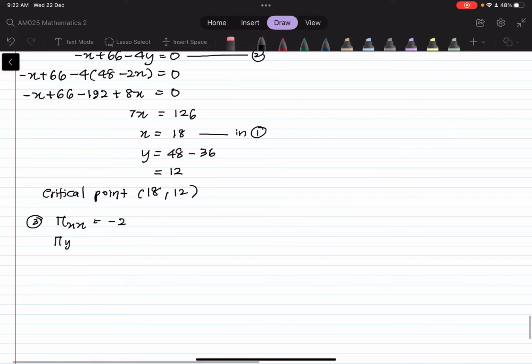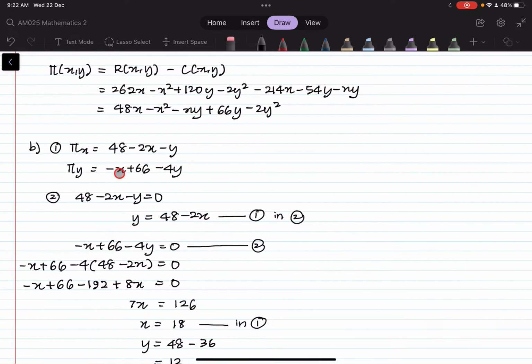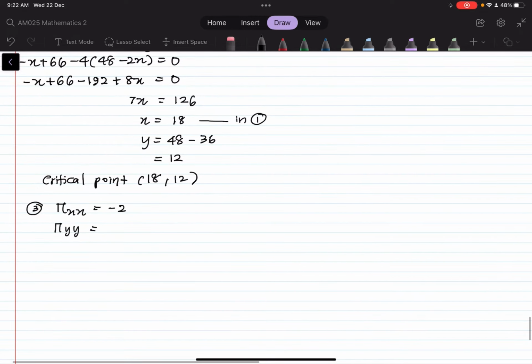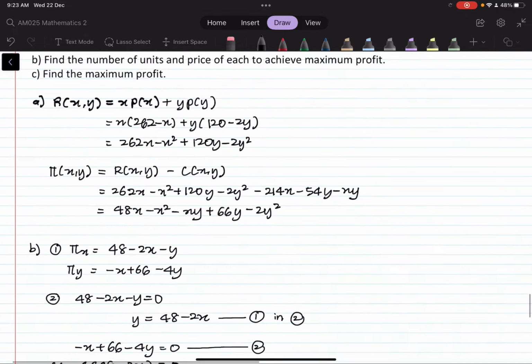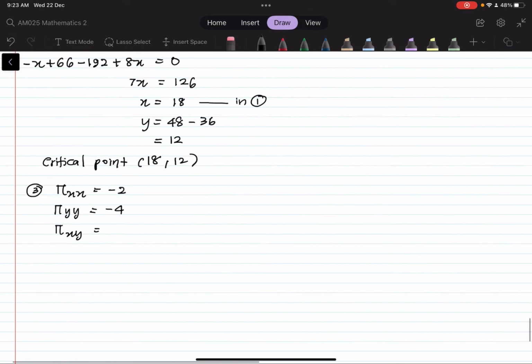Pi sub yy: differentiating negative x plus 66 with respect to y is 0, and differentiating negative 4y with respect to y is negative 4. Now pi sub xy: differentiating 48 minus 2x minus y with respect to y, 48 minus 2x gives 0, and negative y gives negative 1.